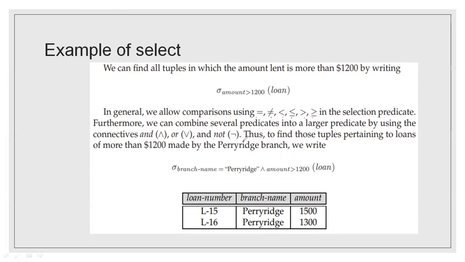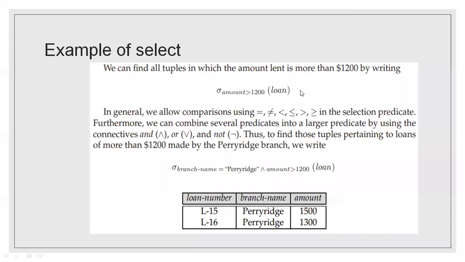Thus, to find tuples pertaining to loans of more than $1,200 made by the Perryridge branch, we write the query. Just as we have explained this query, branch name equal to Perryridge and amount greater than 1200 for the table loan, display all the tuples. So these are the tuples displayed over here. I hope you cleared this point.